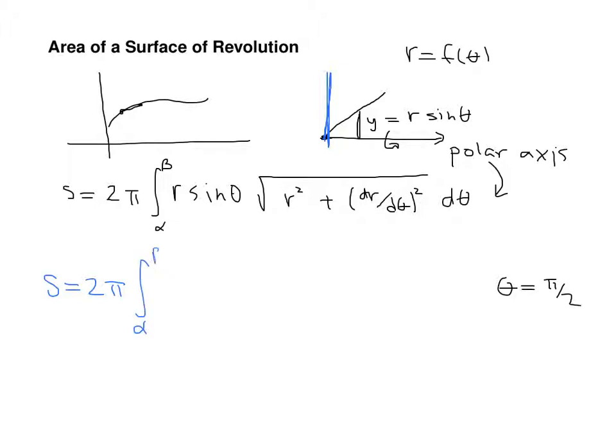So the integral from alpha to beta of r cosine theta, and still the same expression for the length, the root of r squared plus (dr/d theta) squared d theta.